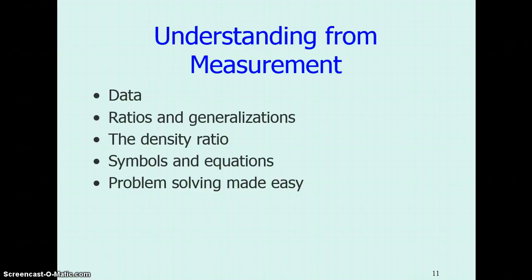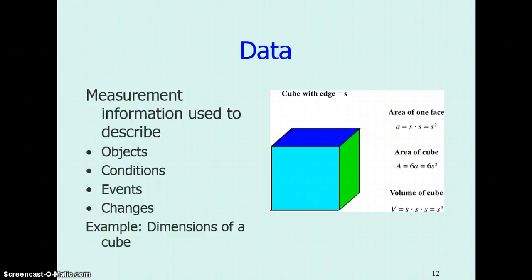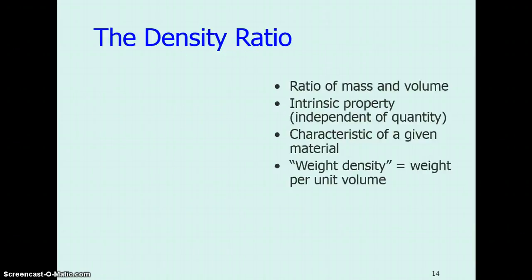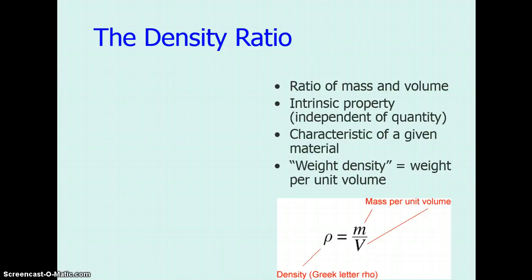Let's see, understanding measure. Skip these. A lot of times people think about science as just collecting data, which is a good portion of what we do. But it's also analyzing the data.